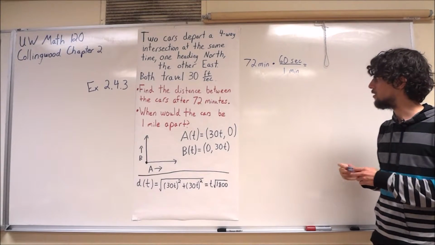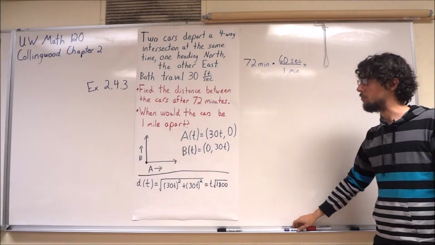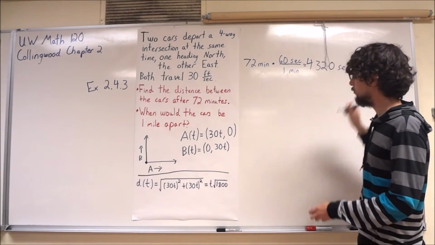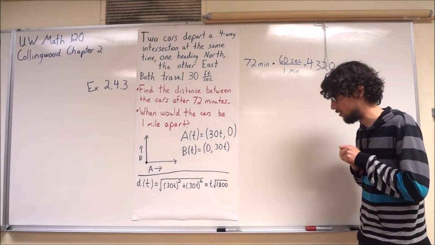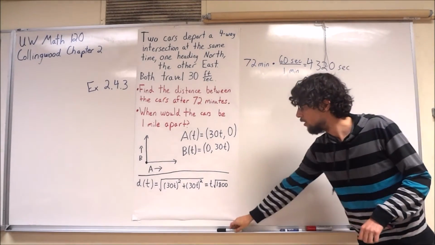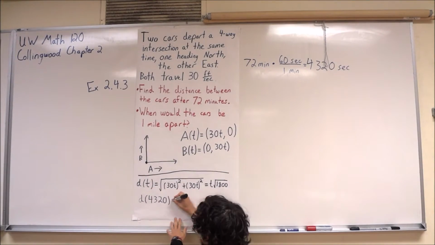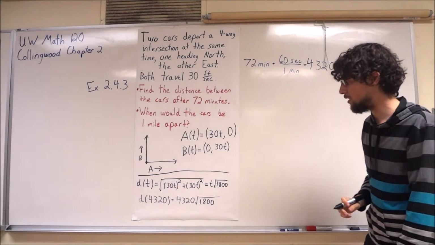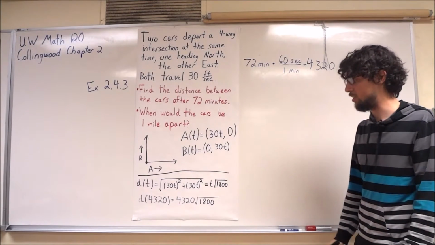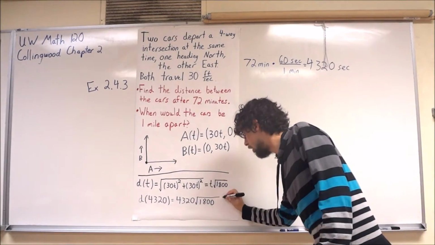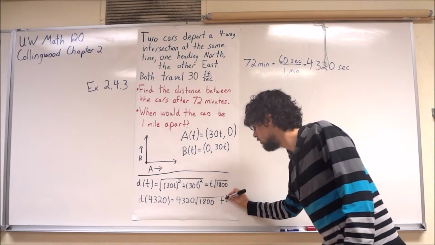So I find that 72 minutes is the same as 4,320 seconds. So I can compute now that the distance after 4,320 seconds is this number of feet.